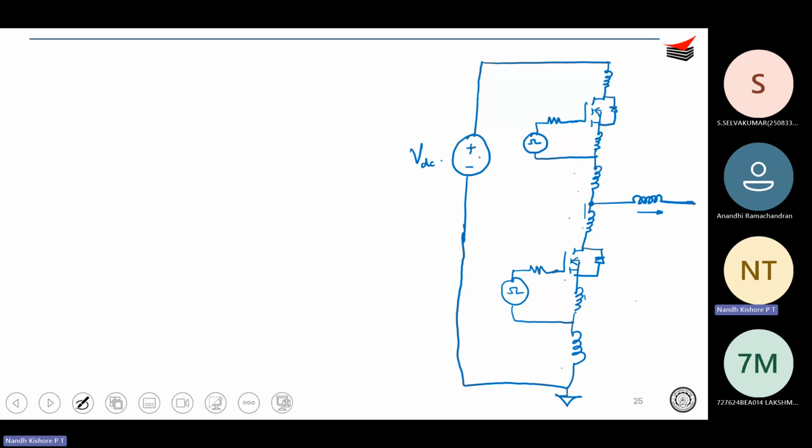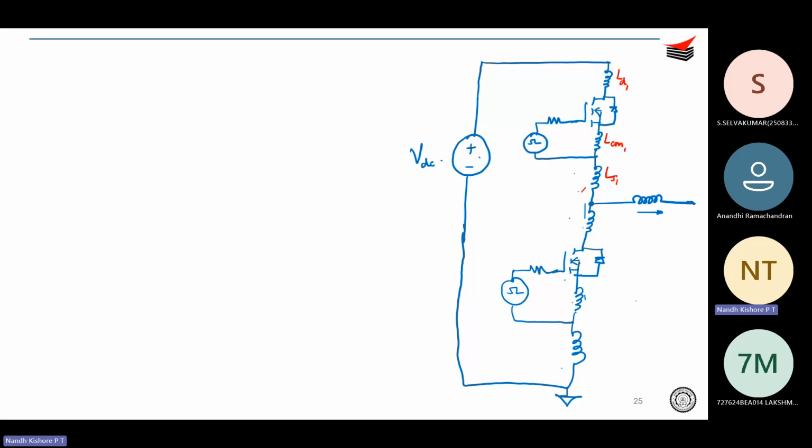Okay. So do you know the names of these inductances? So this is your drain side inductance for top device LD1. Okay. And this is the source side inductance. Okay. So this is a common inductance between the gate path and the power path. So we can call this common inductance 1. Okay.